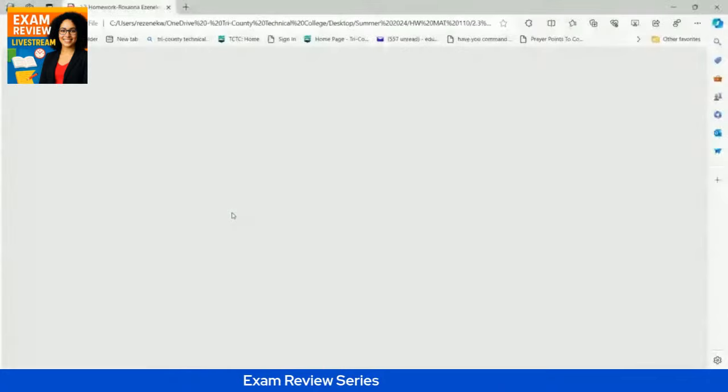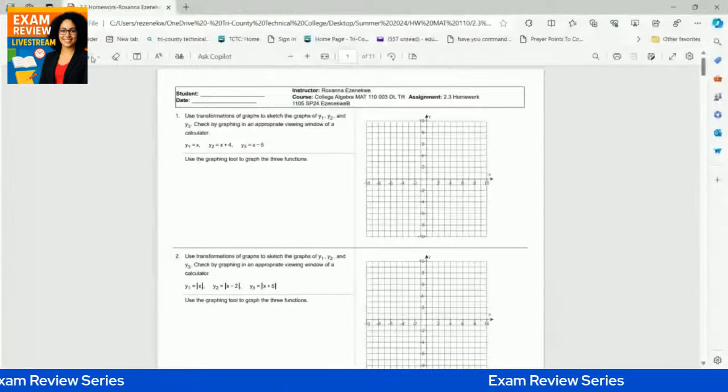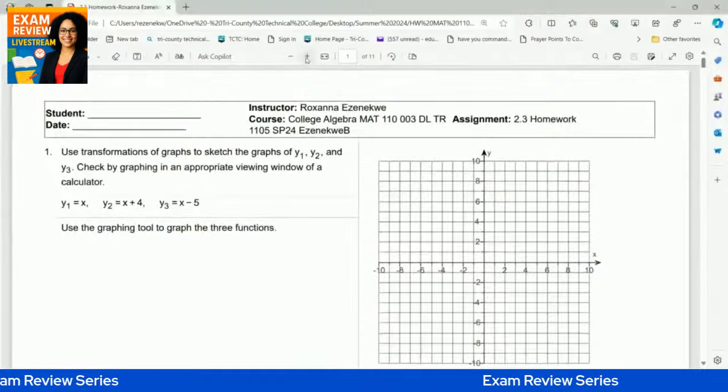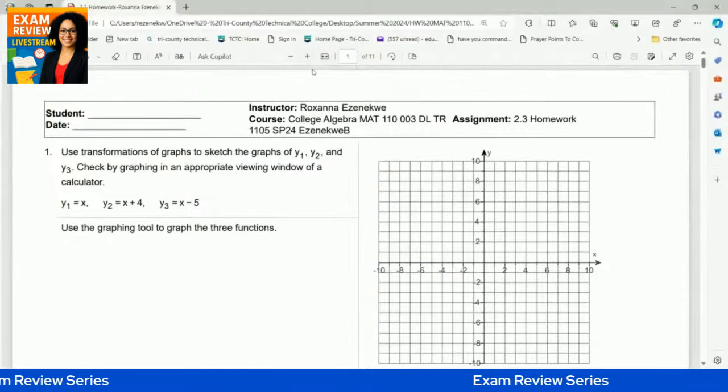So that's 2.3, and I am going to increase this so you can see it. It's talking about transformation, the kind we did in middle school, but it's still in functions. Use transformations of graphs to sketch this graph.